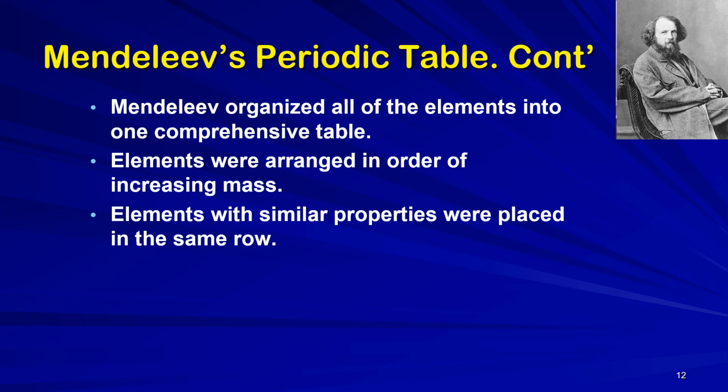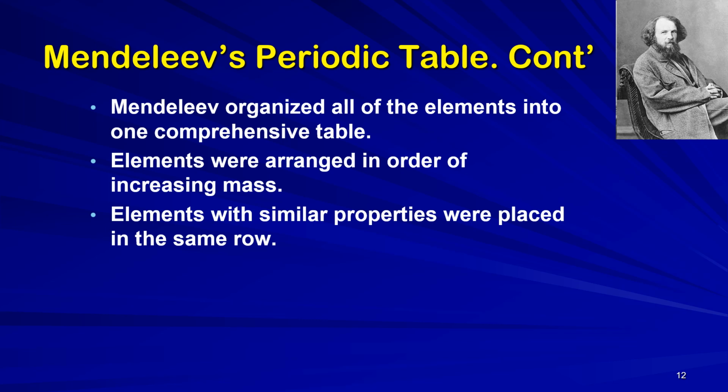It is said that when elements are arranged in the order of increasing mass, elements with similar properties will be placed in the same row, and when they are classified according to an increase of atomic mass, there is a certain periodicity of the properties.